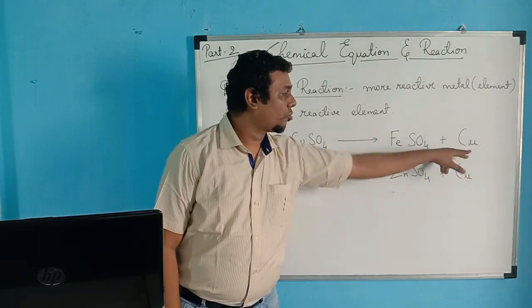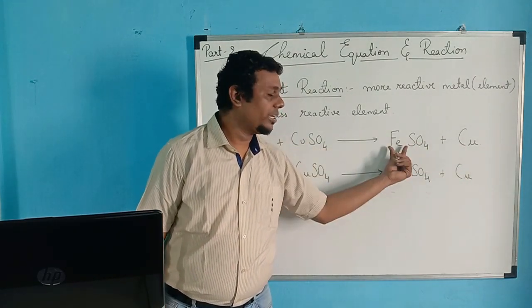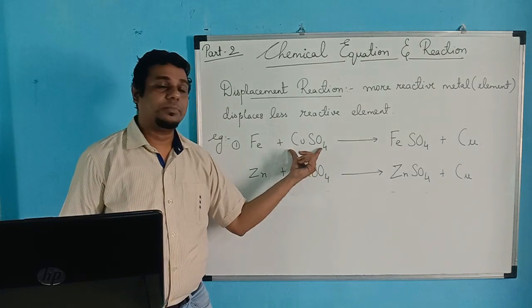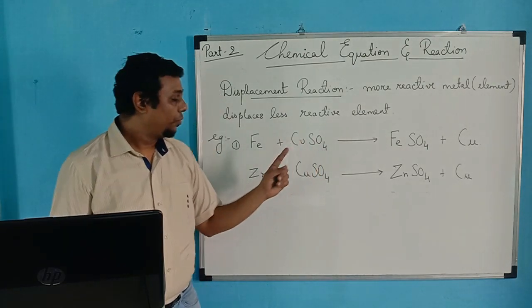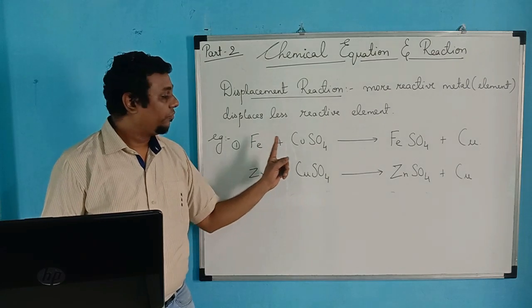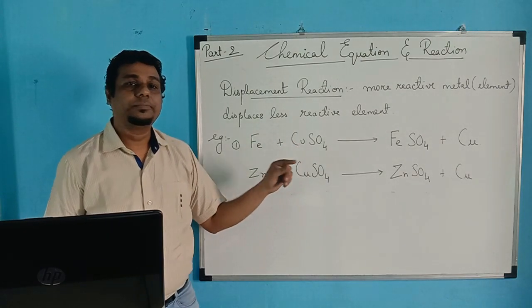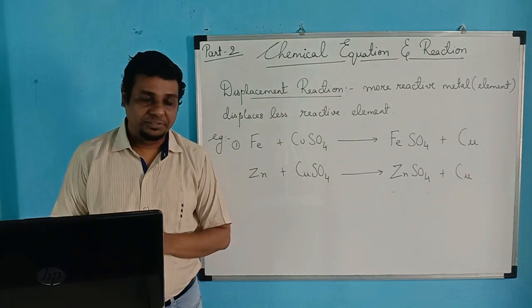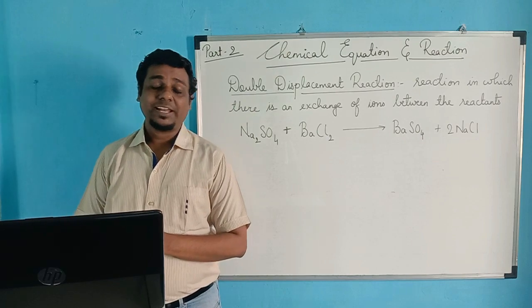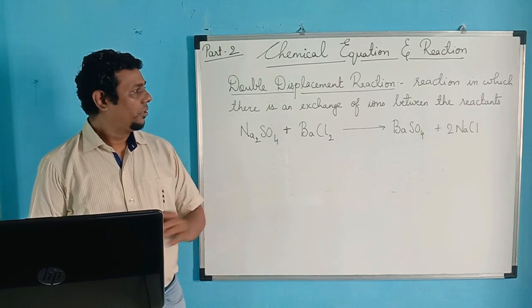If you introduce copper in iron sulfate solution, copper cannot displace iron and cannot form CuSO4. It cannot be done. So, a more reactive metal will always displace a less reactive metal. That is displacement reaction. So now let's move on to double displacement reaction.